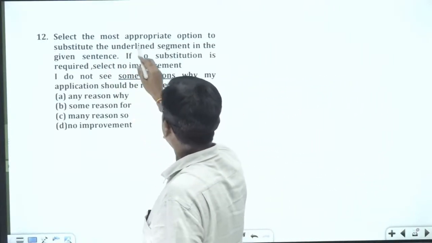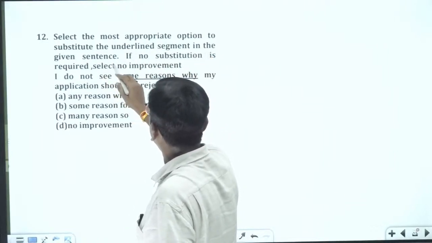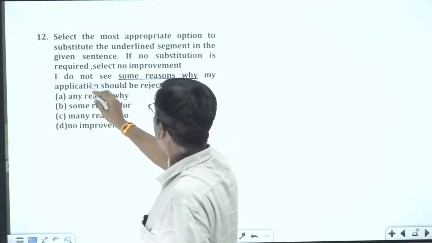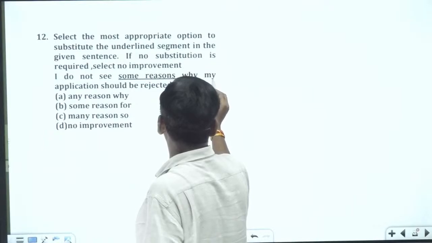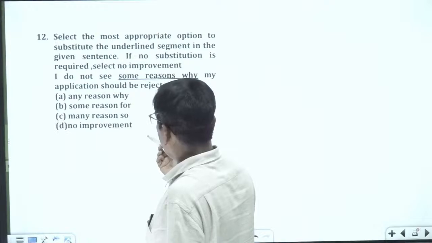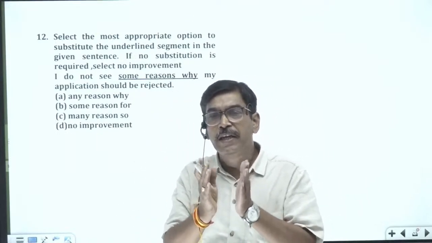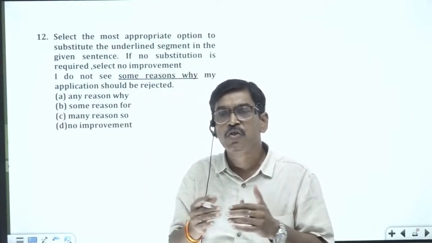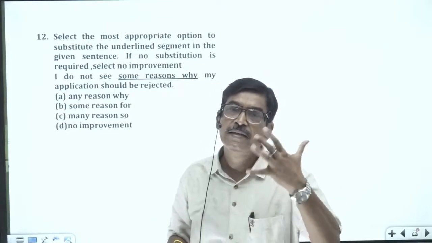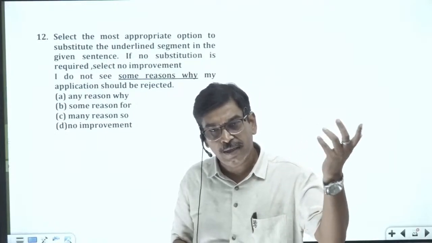Next, select the most appropriate option to substitute the underlined segment in the given sentence. If no substitution is required, select no improvement. I do not see some reasons why my application should be rejected. Very easy, because we all know that when the sentence has a negative structure, we generally can't use some. Yes, in some exceptional cases, some can be used in interrogative and negative sentences also.